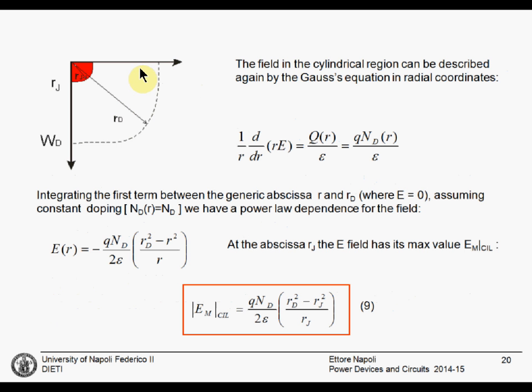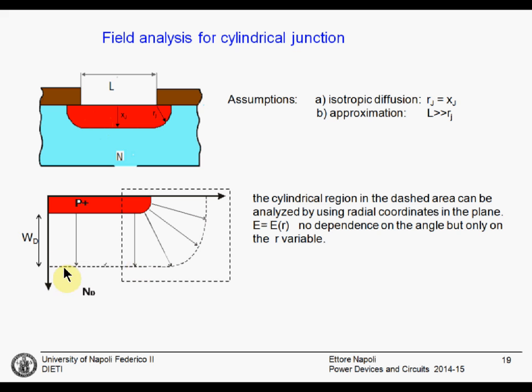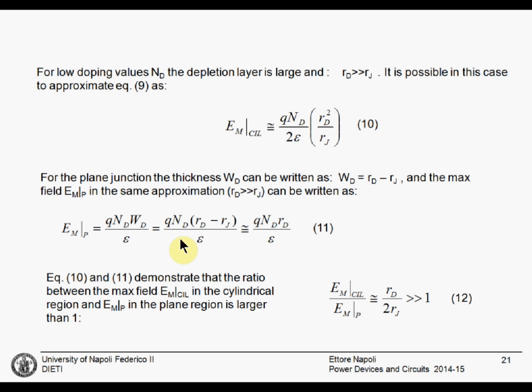This means that the radius here is constant, and when we move in the plane region here, this thickness is exactly equal to this radius, a reasonable assumption. Using the previous equation, we obtain the equation that we know, that the maximum electric field for the plane junction is Q and D multiplied by Rd divided by epsilon, and always neglecting Rj with respect to Rd.